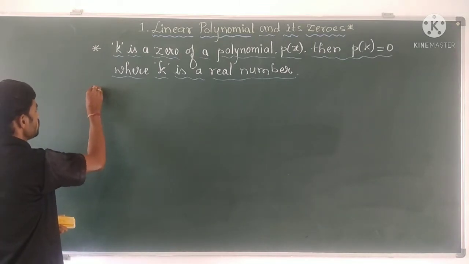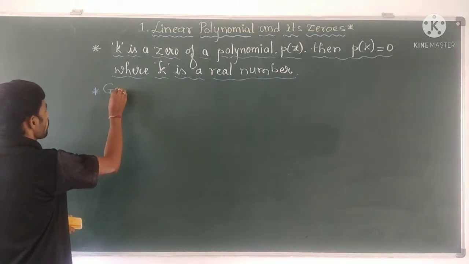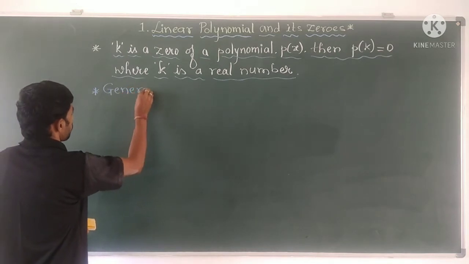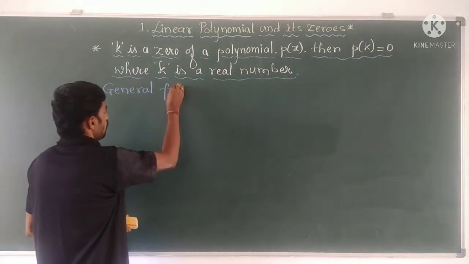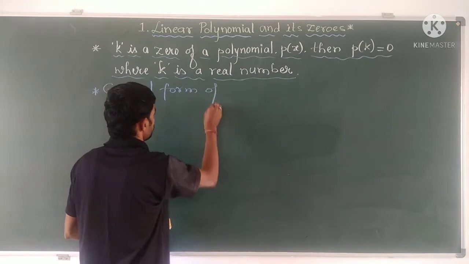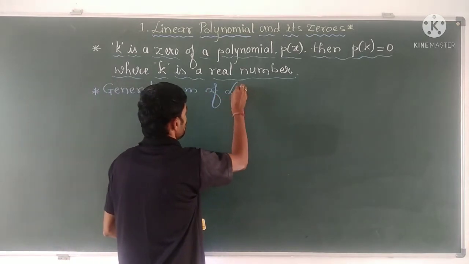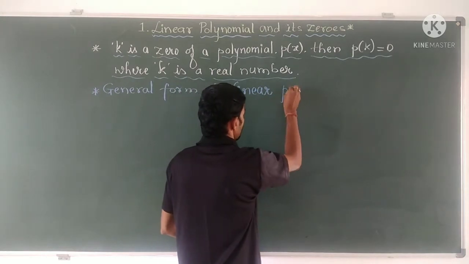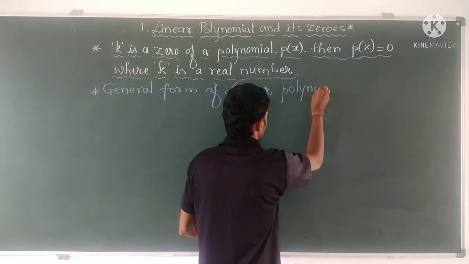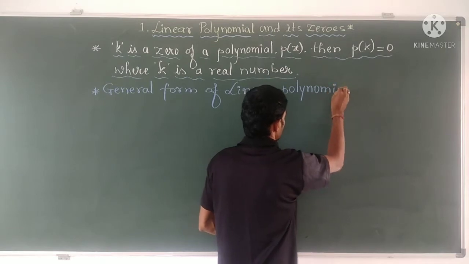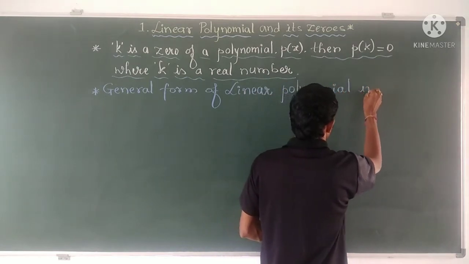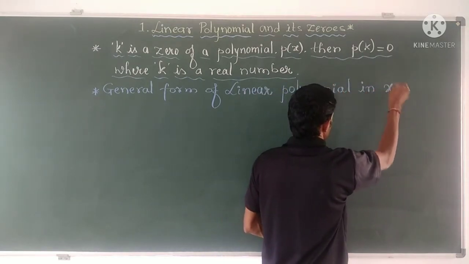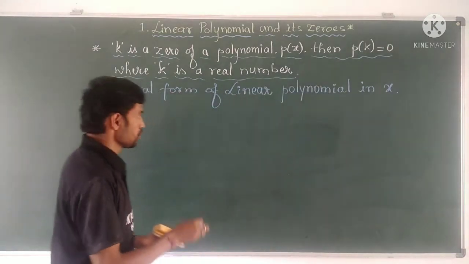So the next point is the general form of a linear polynomial in x. That is what we have to discuss now.